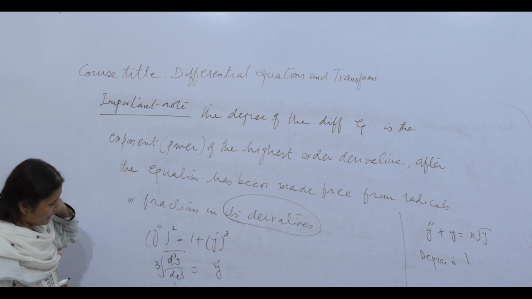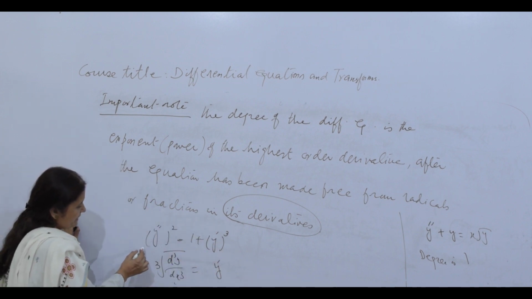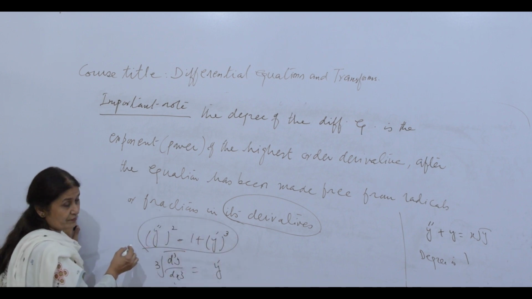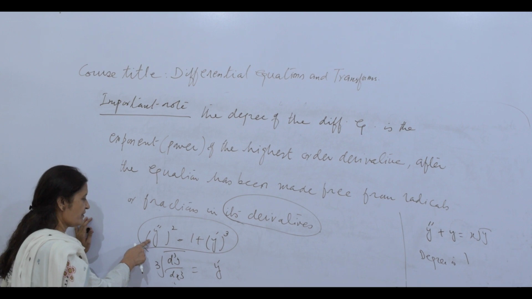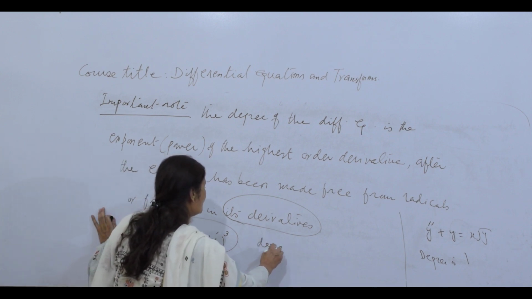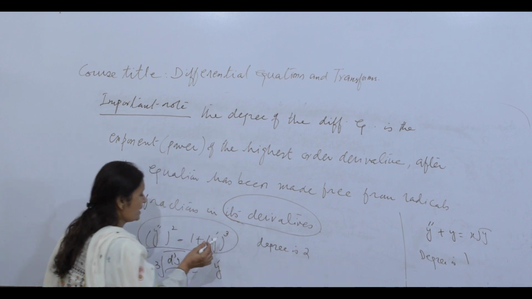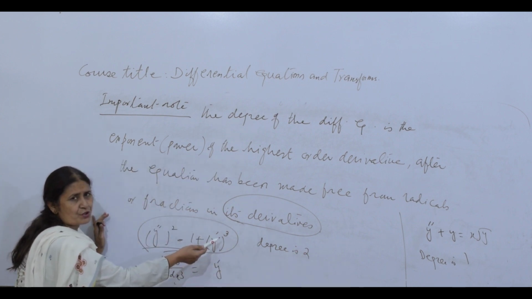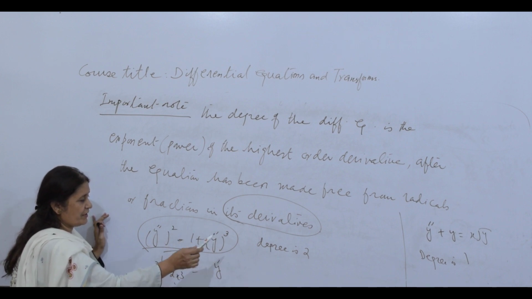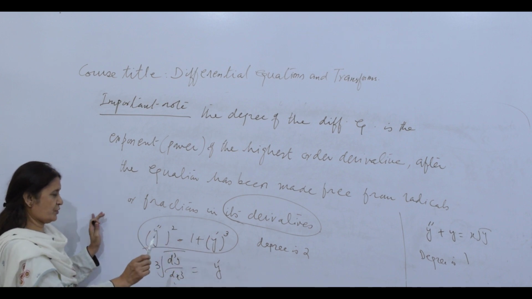For example, I have 2 equations. What will be the degree in the first differential equation I have written? The highest order derivative is 2, and its exponent is 2. So the degree is 2, because this is not a fraction and not a radical sign; it's a positive integer. But if there is a radical sign or fraction, then you have to remove it.